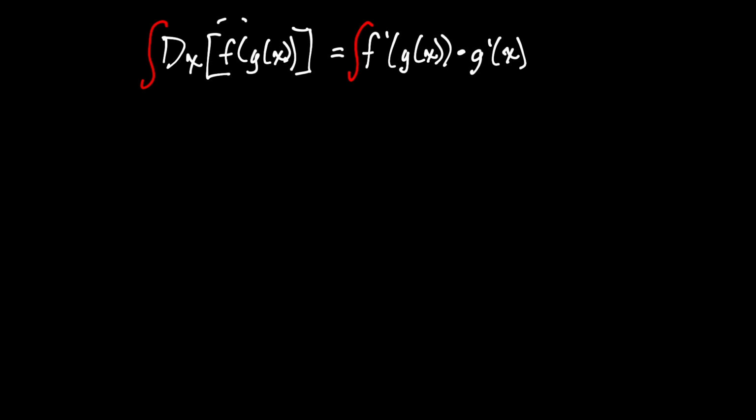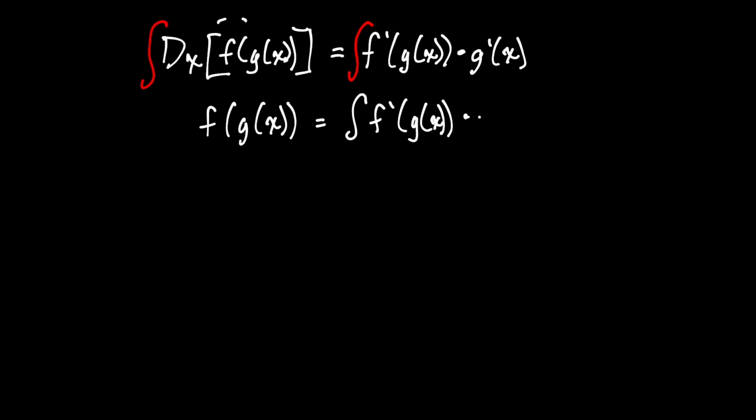So the integral of the derivative is just the function, right? So f of g of x. And on this side, I would just have f prime of g of x times g prime of x.